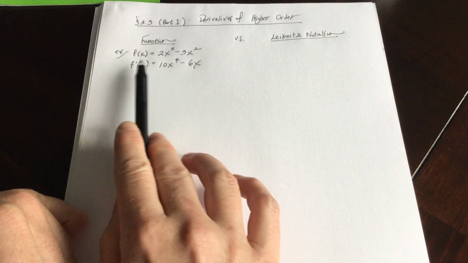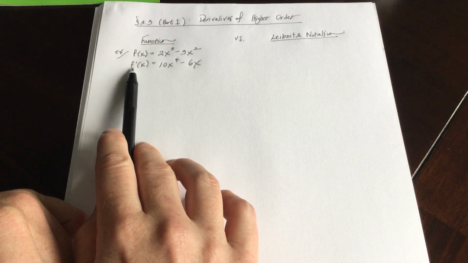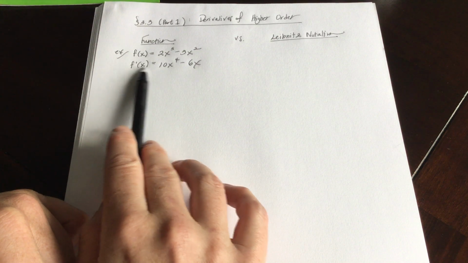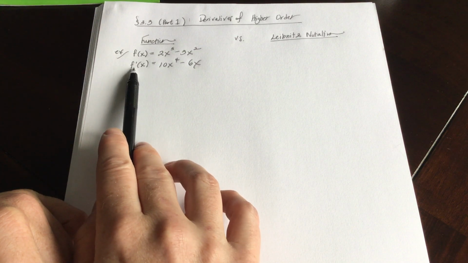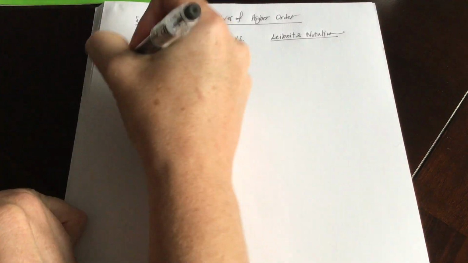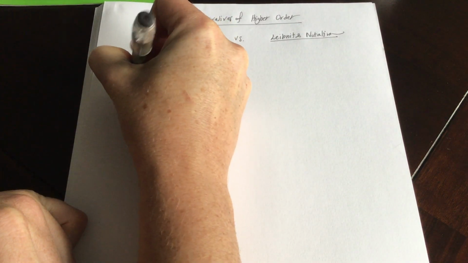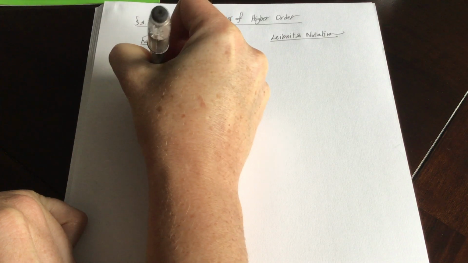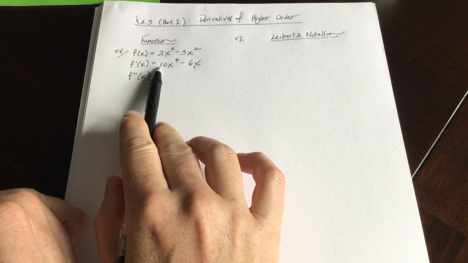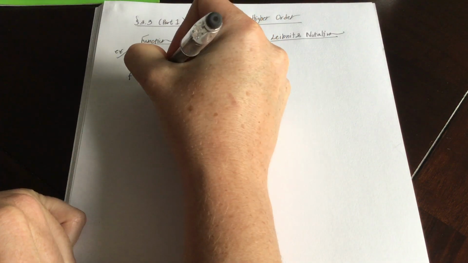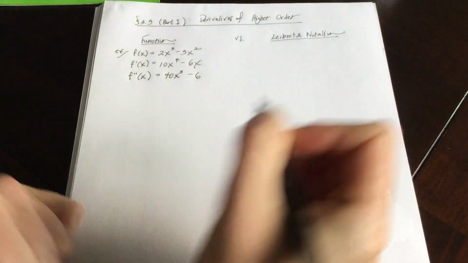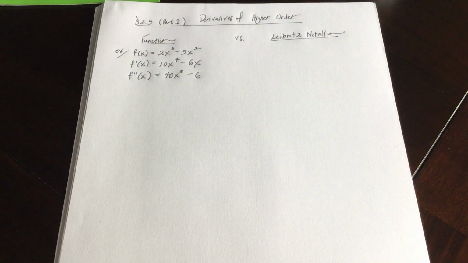The derivative of the first derivative is called the second derivative. The first derivative has the nickname f prime, and the second derivative has the nickname f double prime. So f double prime of x means you took the derivative of the first derivative. You would get 40x cubed minus 6 for the second derivative of f.